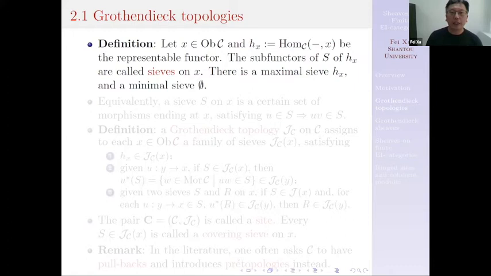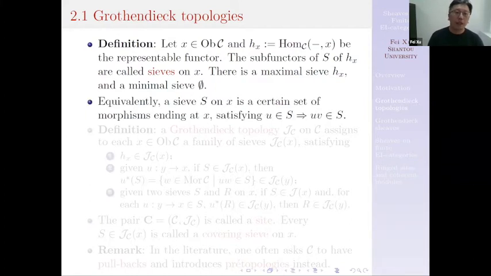If you have a category C and you take an object X, then you have a representable functor, and all the subfunctors of this representable functor are called sieves on X. There's a maximum one, which is hX, and a minimal sieve, which is empty. One can describe a sieve by a certain set of morphisms ending at X, satisfying a very simple condition.